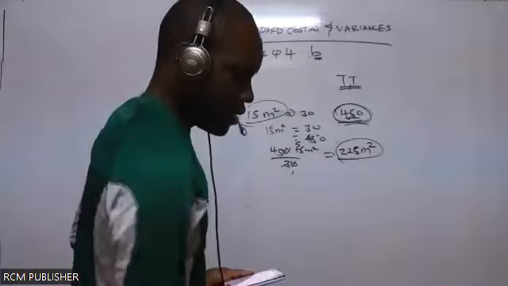Actual price, as you can see, is only used when we are comparing prices. Any other thing, you are going to use standard price. Then labor rate variance will be equivalent to standard rate minus actual rate. Then everything we multiply by actual hours.